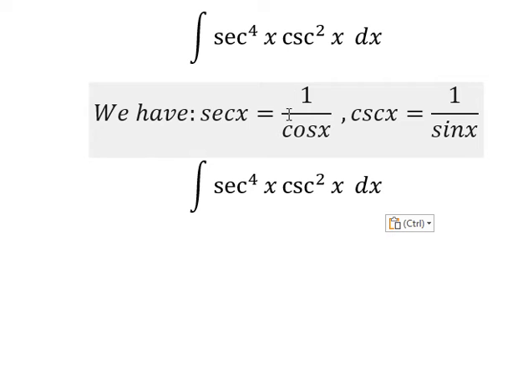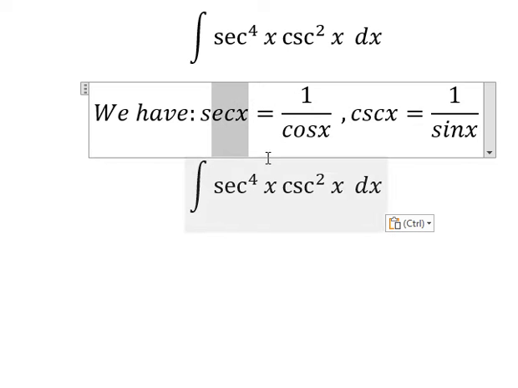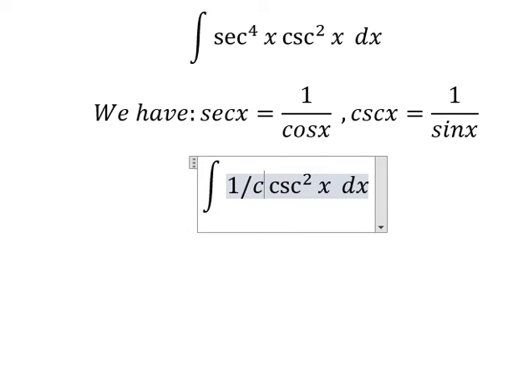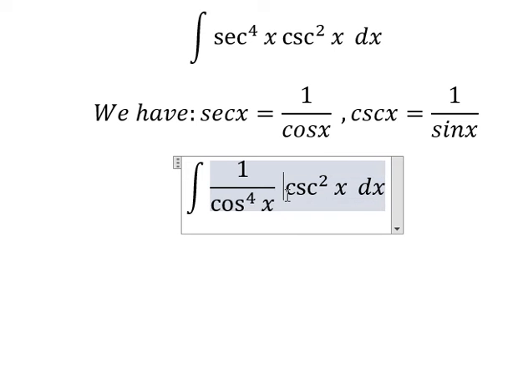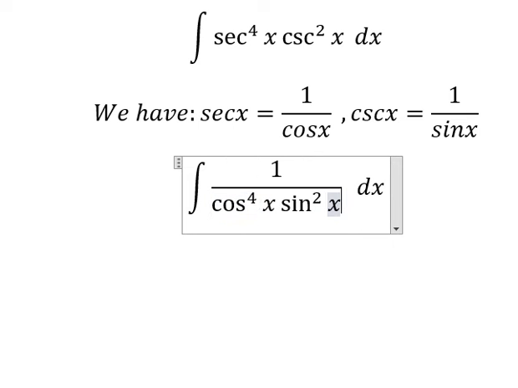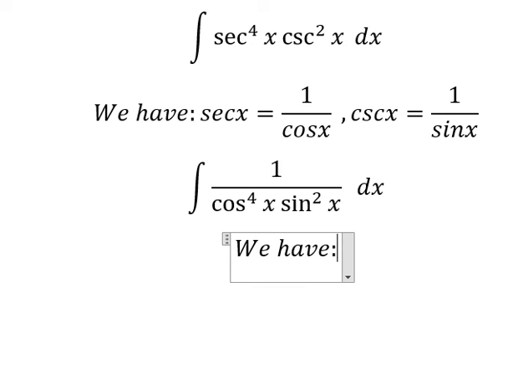So this one we need to change by 1 over cosine s in here. This one we change by this one. Next we have the second formula in here.